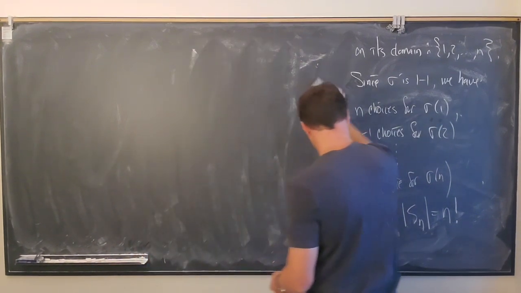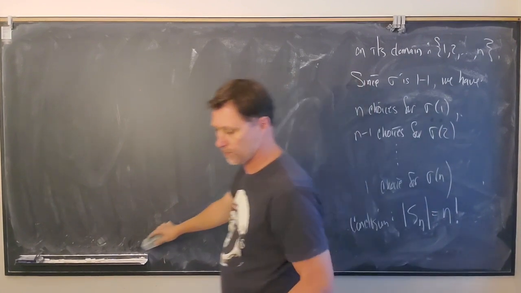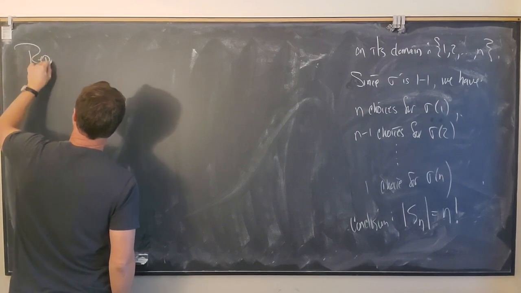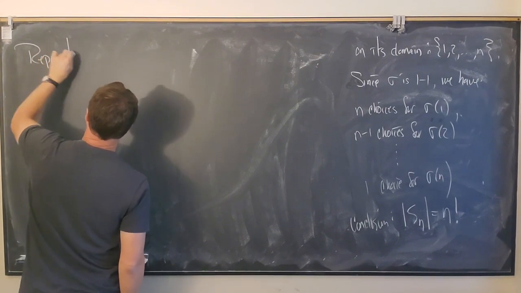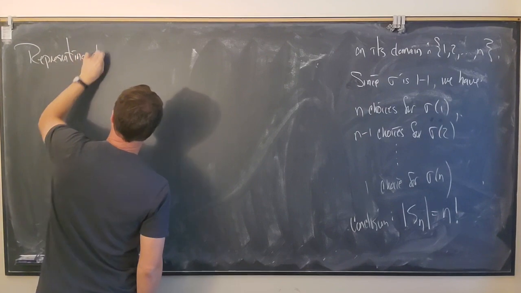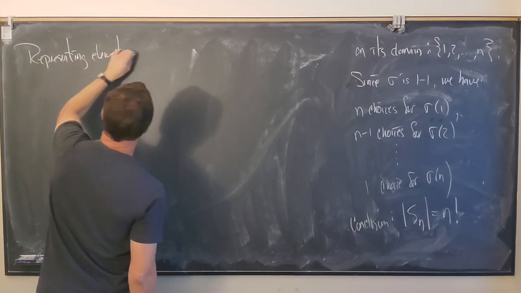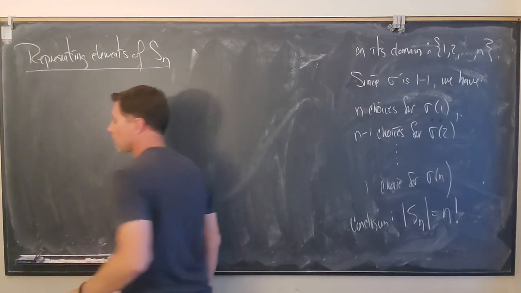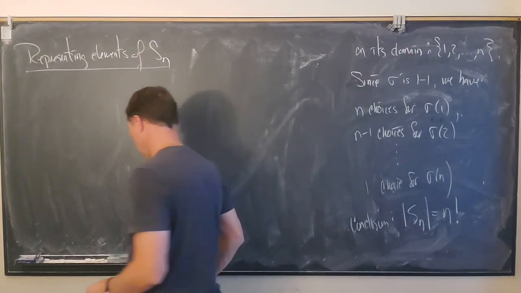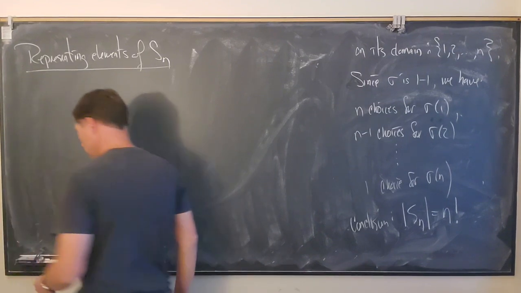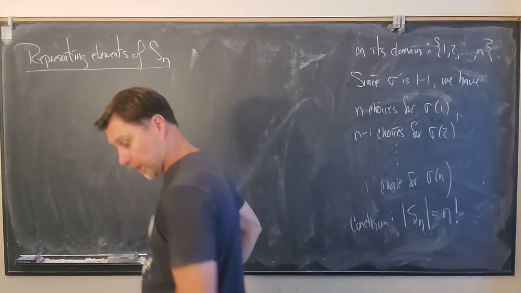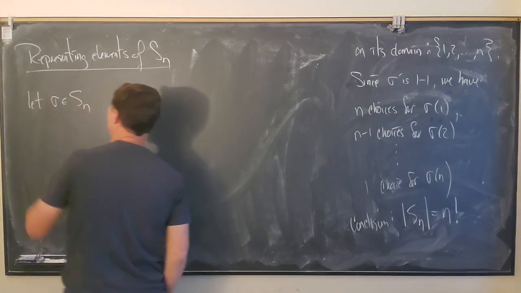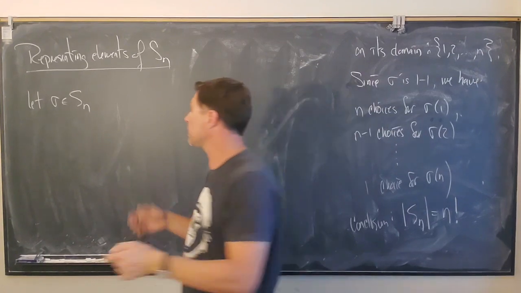So we want to study the elements of the symmetric groups, and so we want a way to represent the elements of S sub n. Let sigma be an element of S sub n. So what does that mean then?